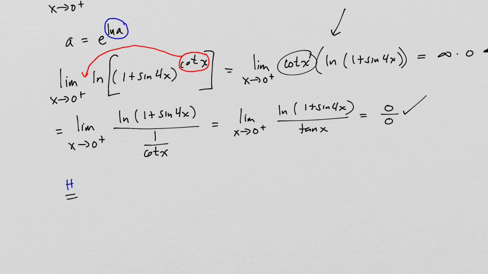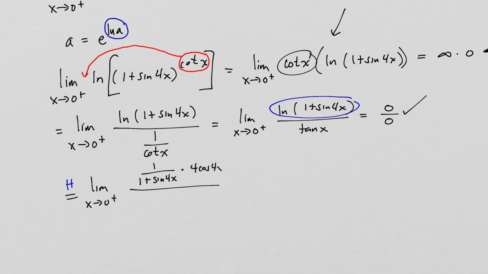And so this is equal to, by L'Hopital's rule, the limit of the derivative of the numerator. The derivative of natural log of anything is 1 over that thing times the derivative of that thing. And the derivative of sine of 4x is 4 cosine of 4x.